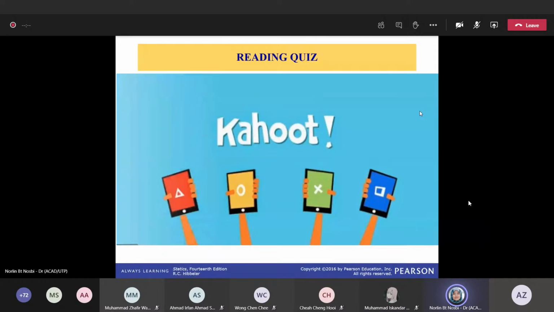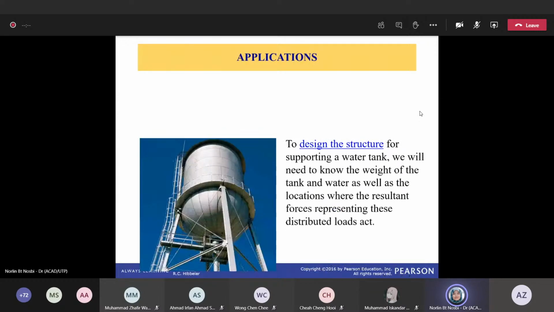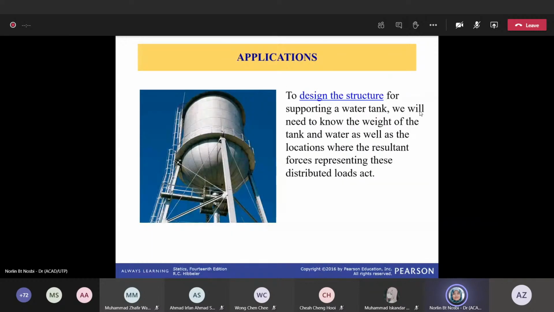Okay, we will look at the application. What are the applications that relate to what we're going to learn today? It's related to center of gravity, center of mass, and the centroid. What you can see here is a water tank. This water tank has its own weight, right?